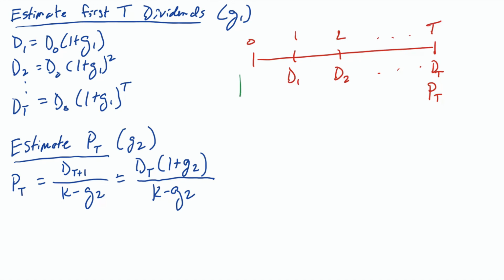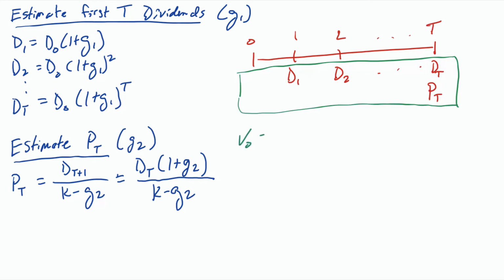Now the final step is to just discount all of these cash flows to the present. So we can do that by discounting them one at a time. So we'll have a series of terms that look like this, and I'm actually going to make this a little bit simpler, even though these occur both at time t, I'm going to separate them.